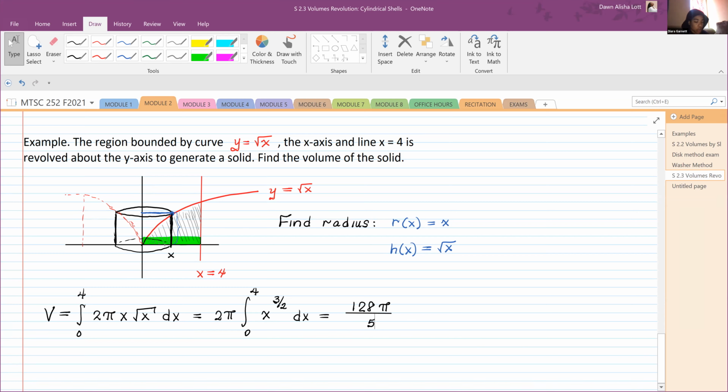Okay, because this is x to the 1 times x to the 1/2. So you add those, and that's how you get x to the 3/2. All right. Okay, good question. You probably may not be the only person that didn't know what that was.